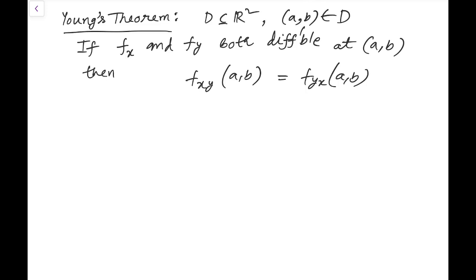So this is a condition for equality of the mixed partials.